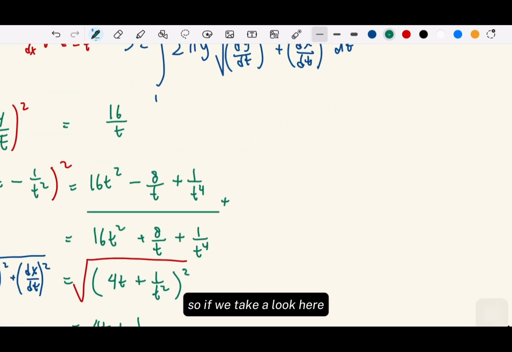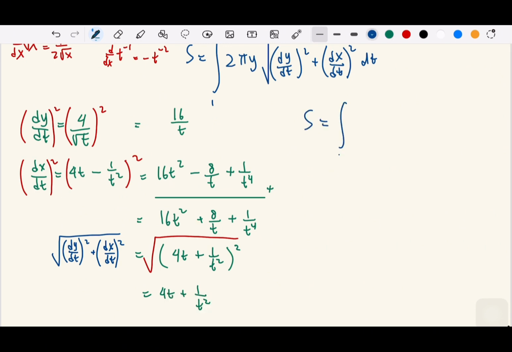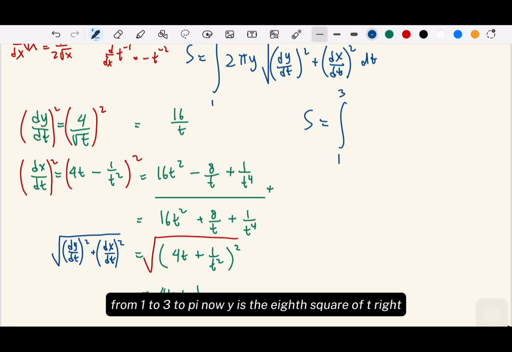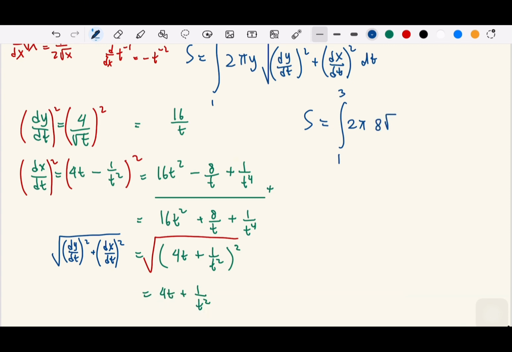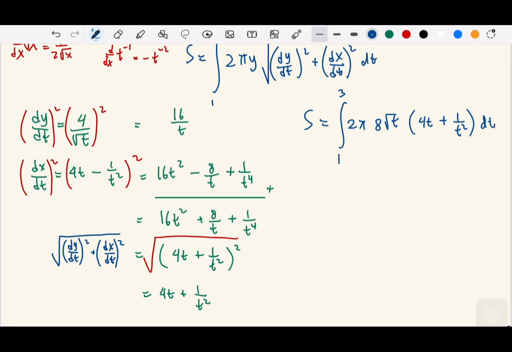So if we take a look here, we are going to take this as from 1 to 3, 2 pi. Now y is the 8 with the square root of t, right? And then that will be just 4t plus 1 over t squared. So you will get 16 pi.